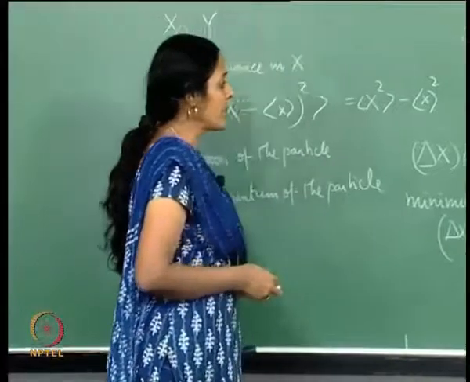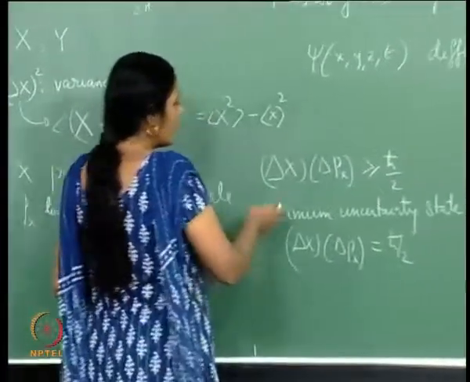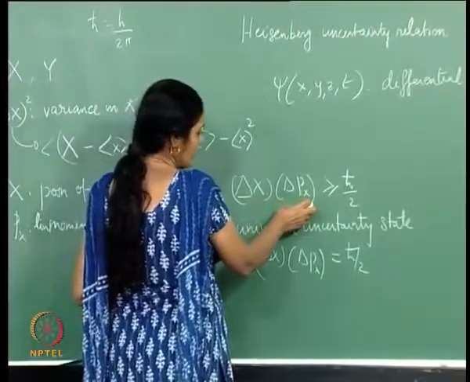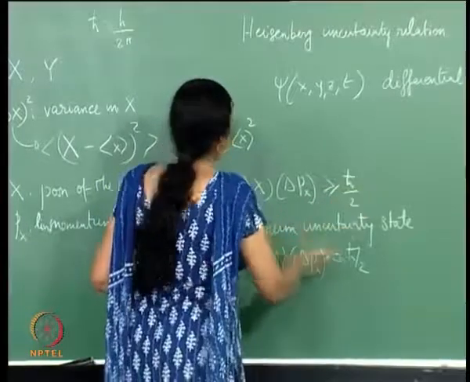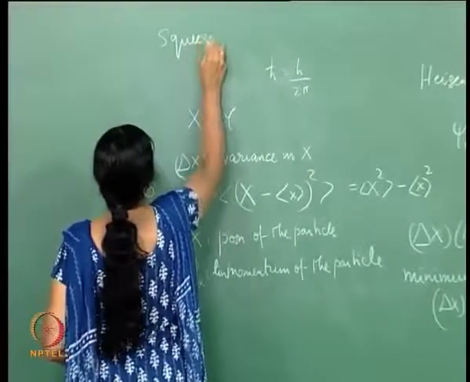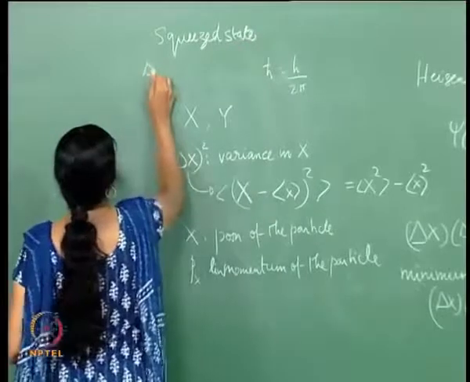Then there is squeezed state of light. Squeezed state of light is one where either delta x or delta p x is less than root of h cross by 2.